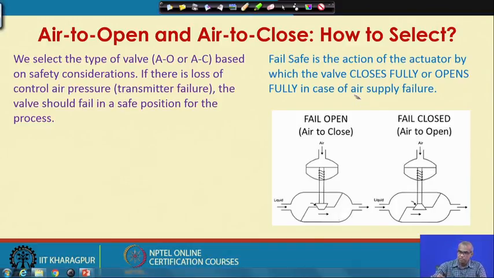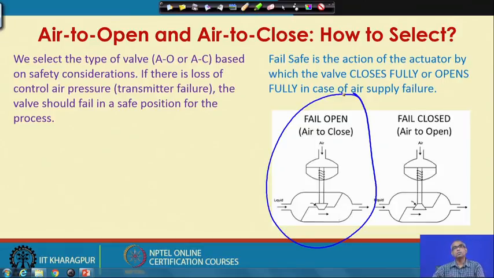Look at this air to close control valve. Here, as you can see from the shape of the plug, as the air pressure on the top of the diaphragm increases, the valve closes.